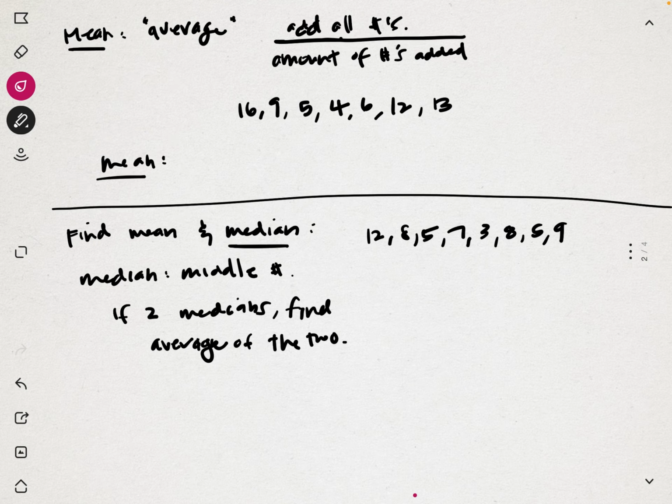Okay, on to the next one. Mean is probably the most common one. When you think about the average, you usually think about the mean. So we just add up all the numbers and then we divide by the amount of numbers added. If we add up 16 plus 9 is 25, plus 5 is 30, plus 4 is 34, plus 6 is 40, plus 12 is 52, plus 13 is 65.